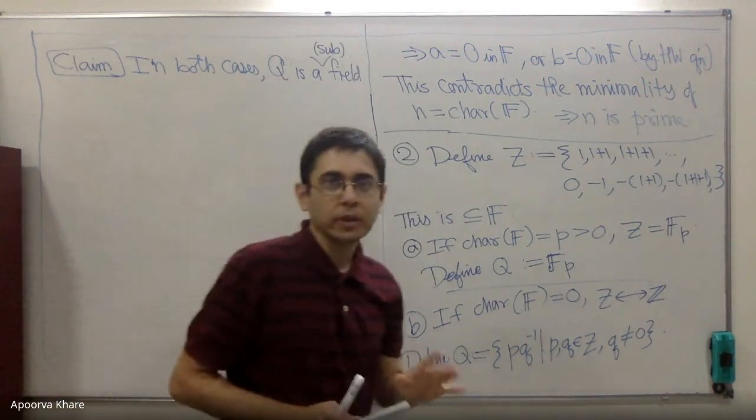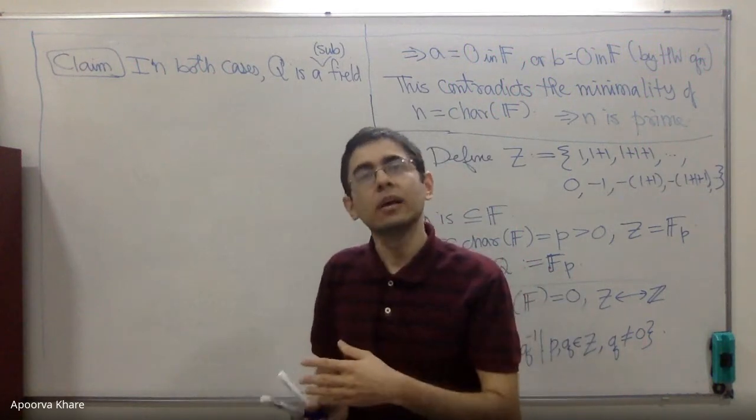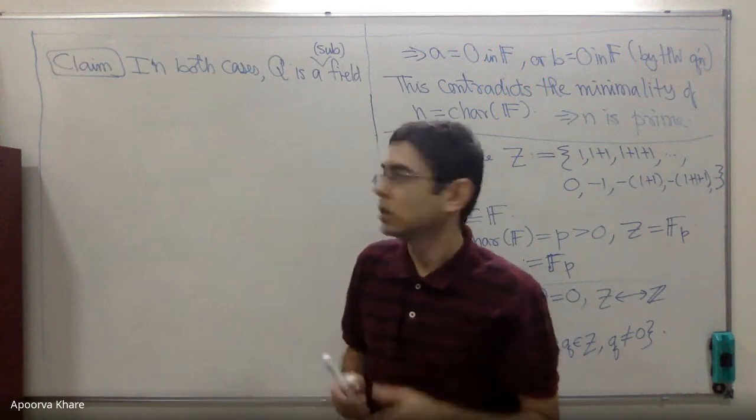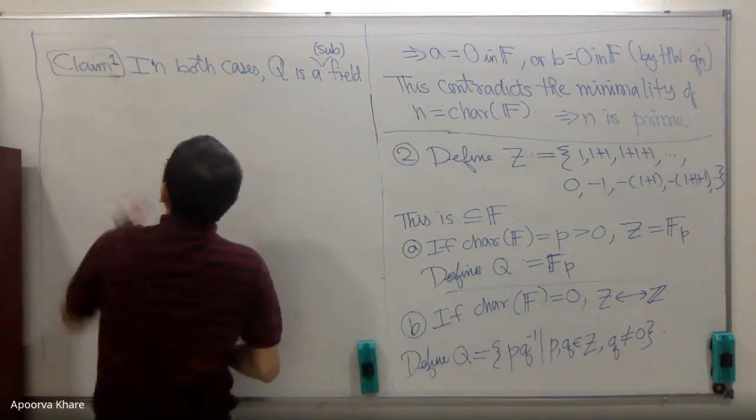That is the first point. And the second point is that it will be the minimum one. So if E is any subfield, then E contains Q. That is part 2. Let's first prove this claim. Let's call it claim 1. So this is claim 1.